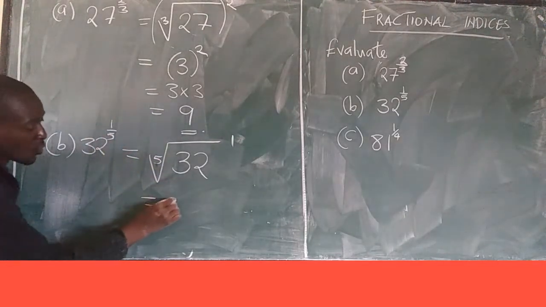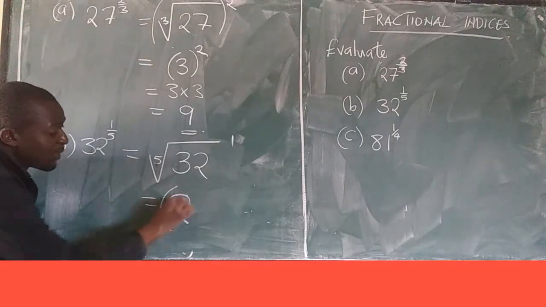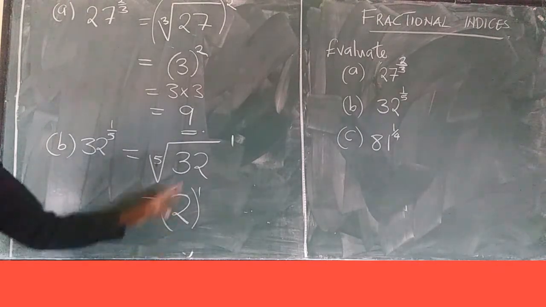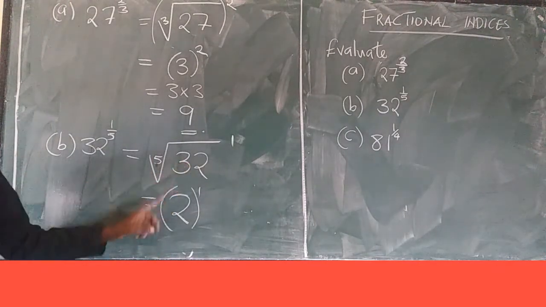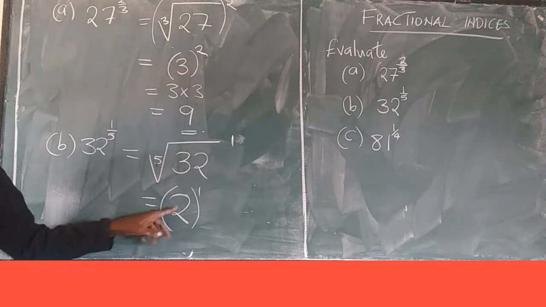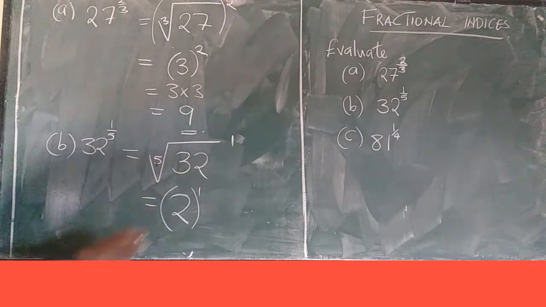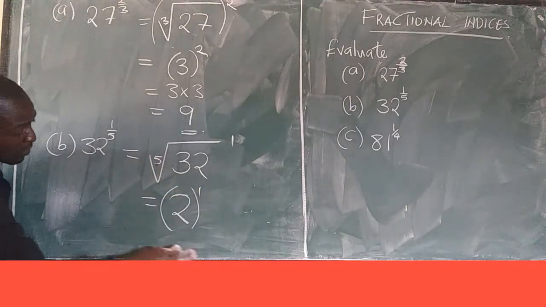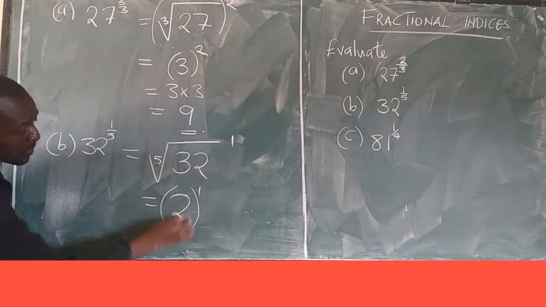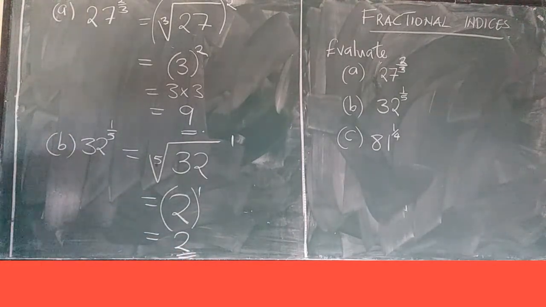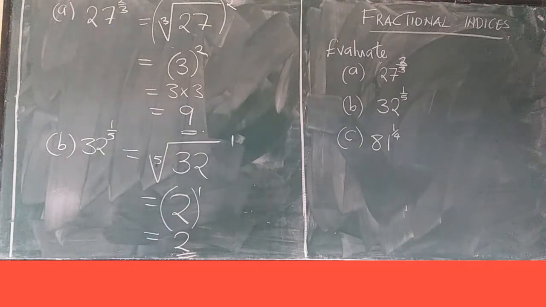And that number is 2. When you multiply 2 times 2 times 2 times 2 times 2, 5 times, you end up with 32. And then the 1 is there, so 2 to the power 1 is just 2. Our answer is 2 for that one.